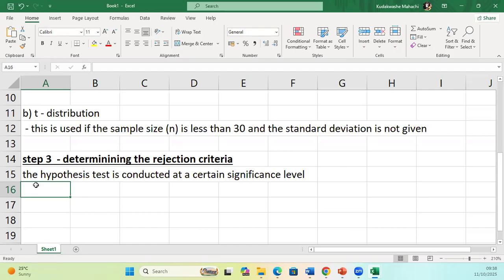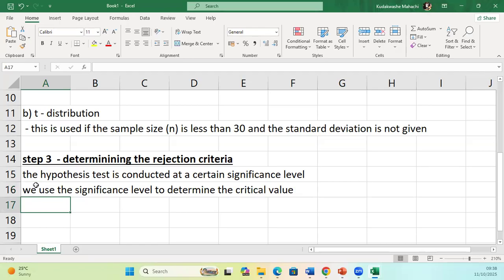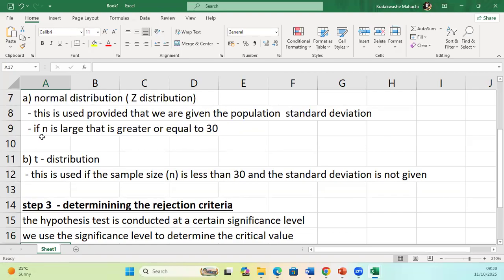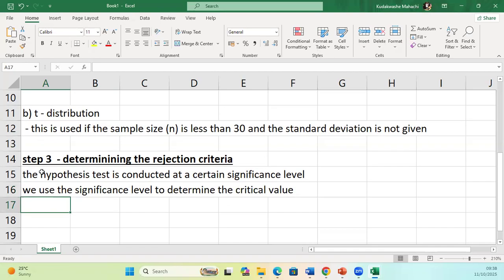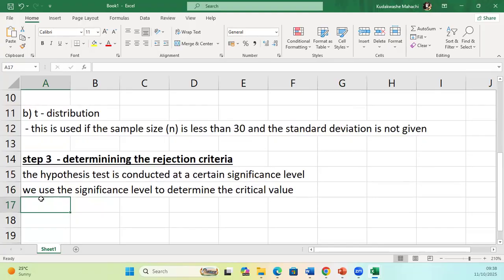So we use the significance level to determine what we call the critical value. The critical value, we get it from the tables. If our distribution is the normal distribution, the critical value we get from the normal distribution tables. If it's the t distribution, we get it from the t distribution tables, the same way we looked for the Z value when doing confidence intervals.